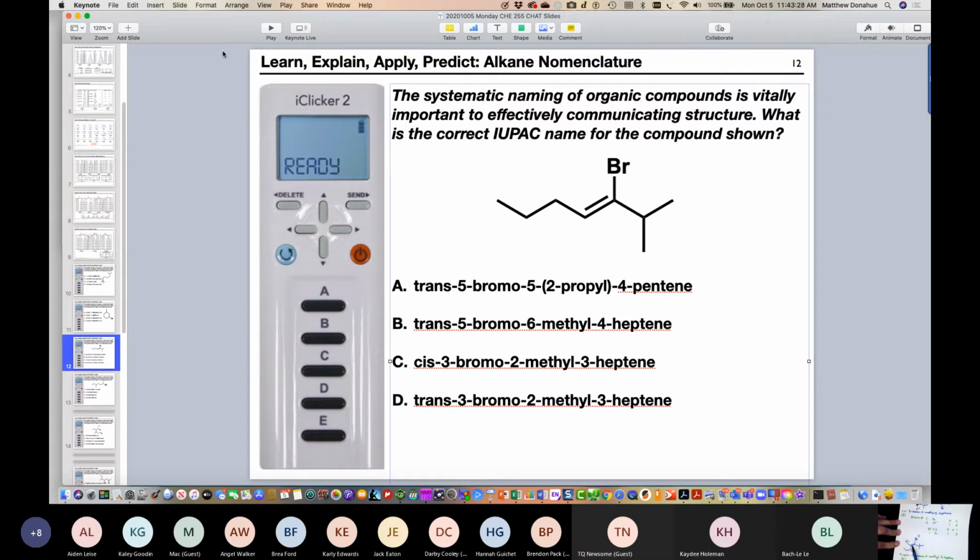And recall the reason that's important is because there is restricted rotation about a double bond, meaning this structure and this structure do not interconvert. They are different structures, and so we have to name them differently. Questions before we move on to another functional group?